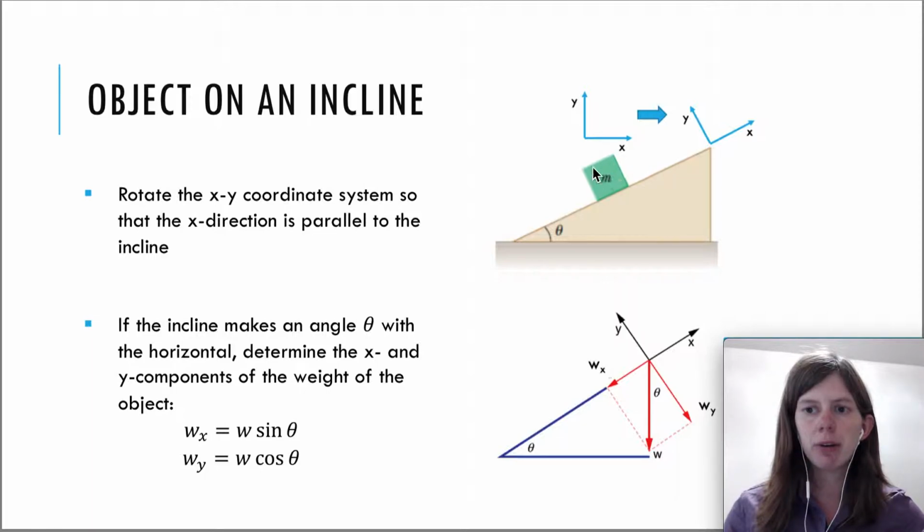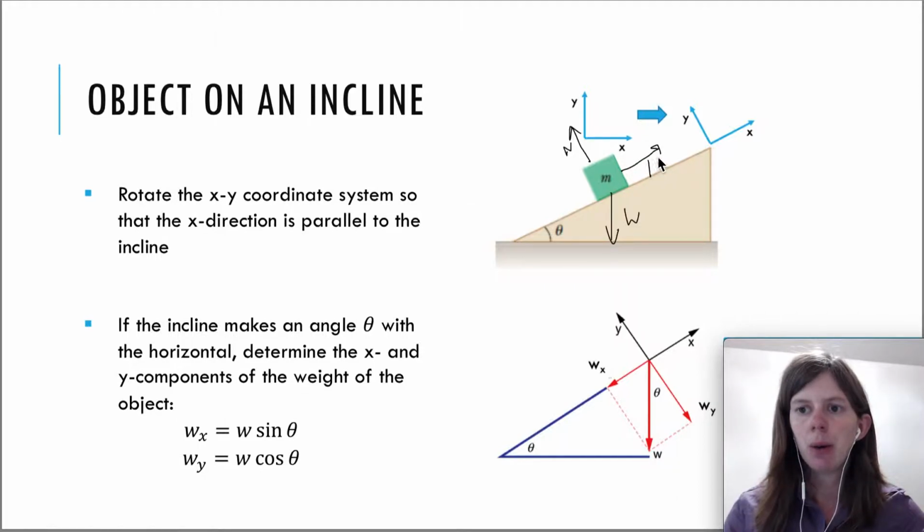If we had a free body diagram for this object here, we'd have the normal force going perpendicular, we'd have weight going down, and let's say maybe somebody was even pushing this object up the incline. I'm just making this up here. Well, if that's the case, we would have 2 diagonal forces for which we would have to find components, and then the object would be accelerating up the incline, and so that acceleration would have an x and a y component, and that would be very hard to do.